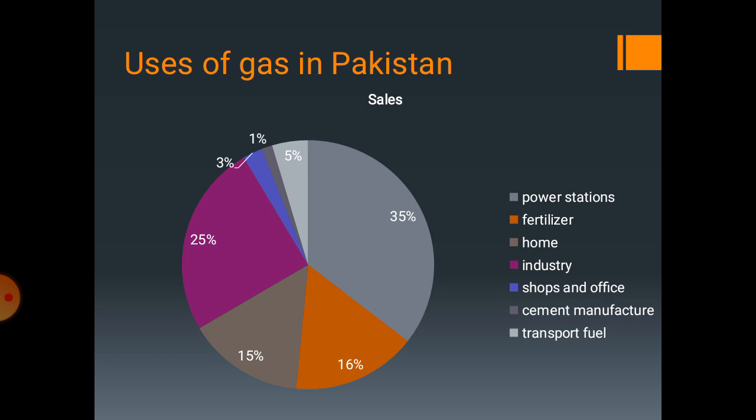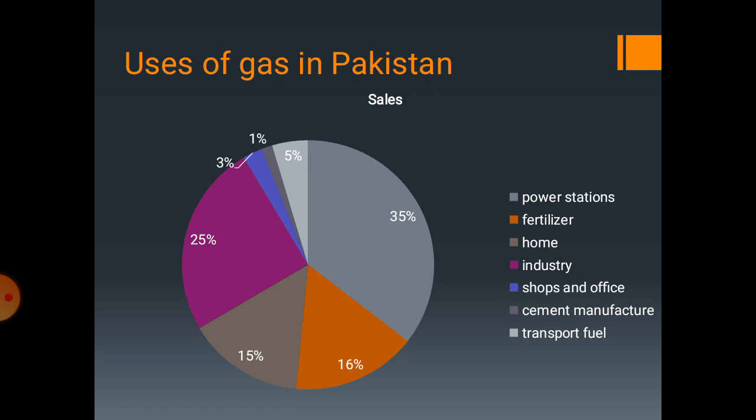So we can see that as there are very sufficient supplies and excellent reserves of natural gas in Pakistan, Pakistan uses its good supply in different fields. In power stations 35% of gas is used, as I told you that 35% of energy comes from natural gas.